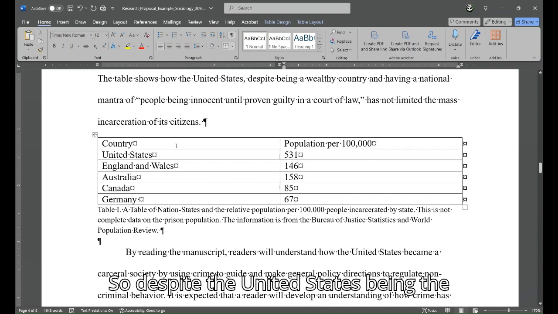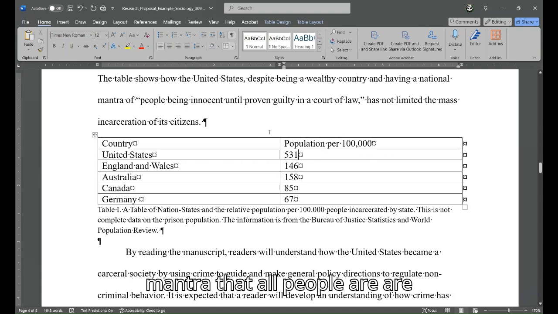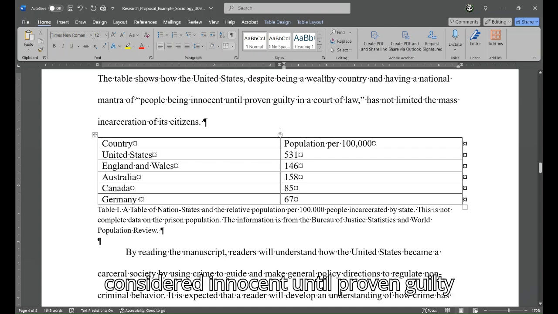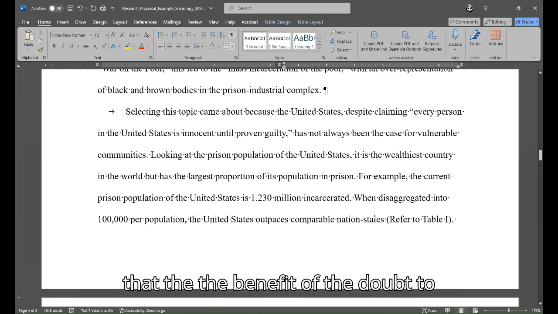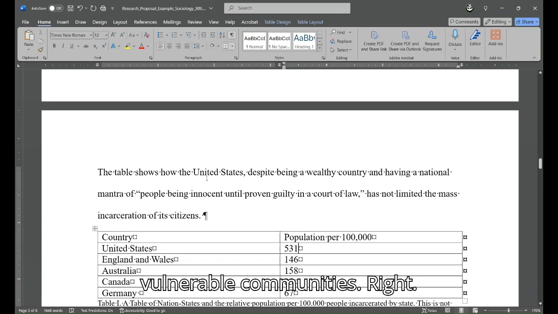You're right. So despite the United States being the richest country and the cultural mantra that all people are considered innocent until proven guilty, it has not always given the benefit of the doubt to vulnerable communities. Right.